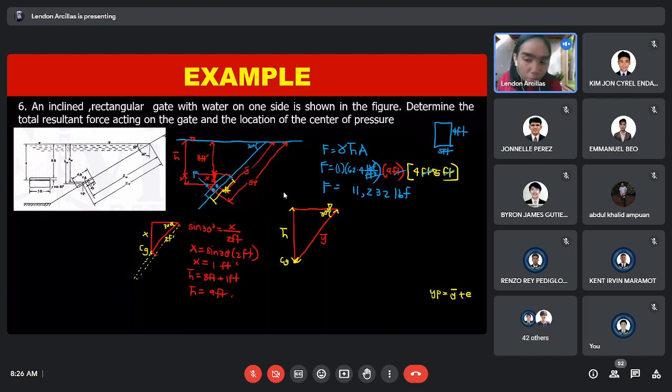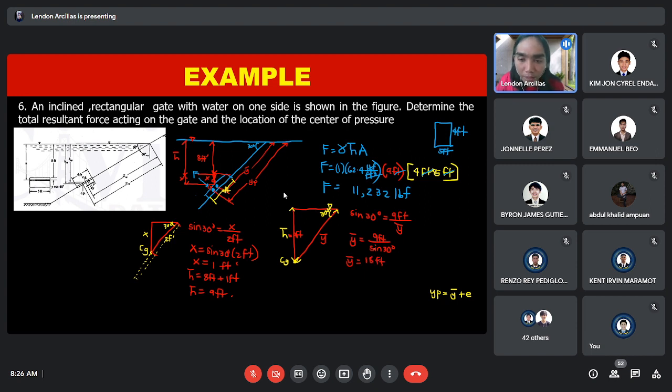And alam naman natin yung formula ng e, right? So, this is sine 30 opposite, which is, mayroon naman tong value na 9 feet. 9 feet over the hypotenuse y bar. So, y bar therefore is 9 feet over sine 30. Y bar is equal to 18 feet.